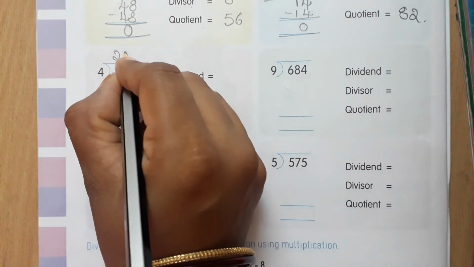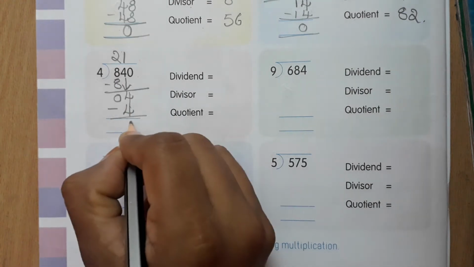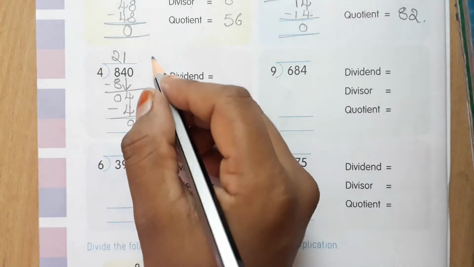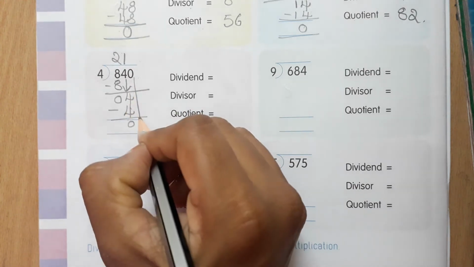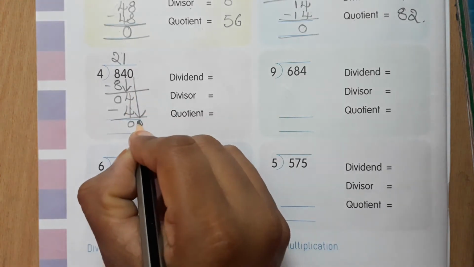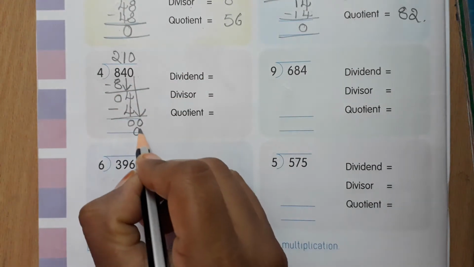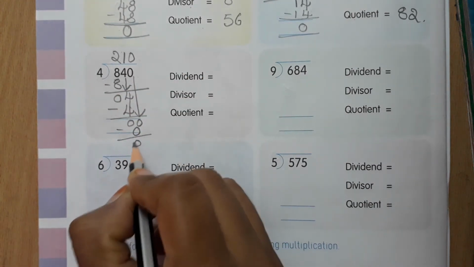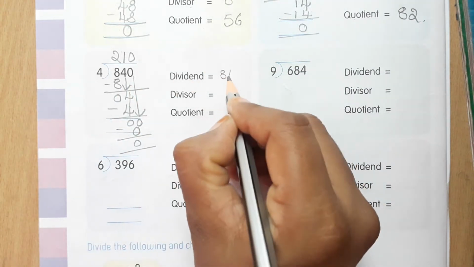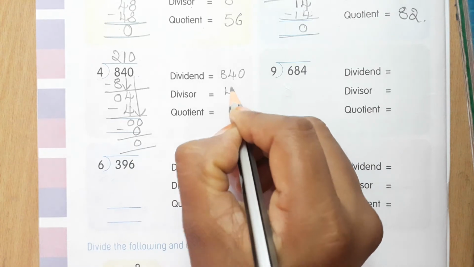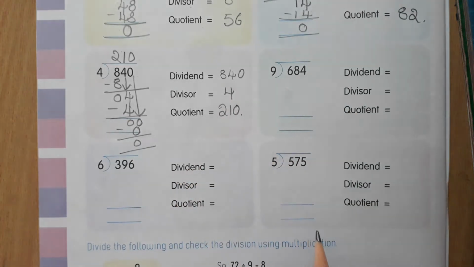How many times? 1 time. 4 ones, 4. 4 minus 4, 0. Again there is another place. Ones place digit is left. So write down that place value 0. 0 in 4 table, 0 times. So write 0. 0 minus 0, 0. So here 840 is the dividend, 4 is the divisor, 210 is the quotient.